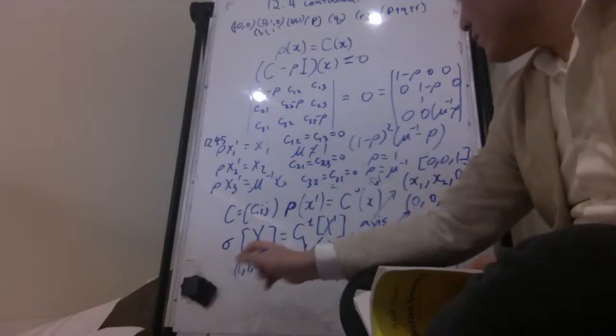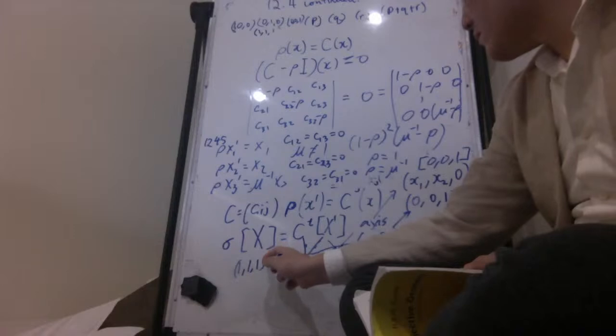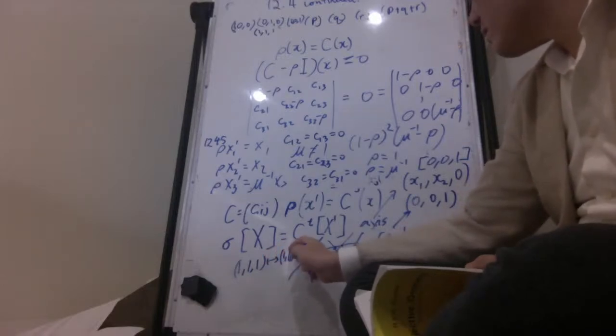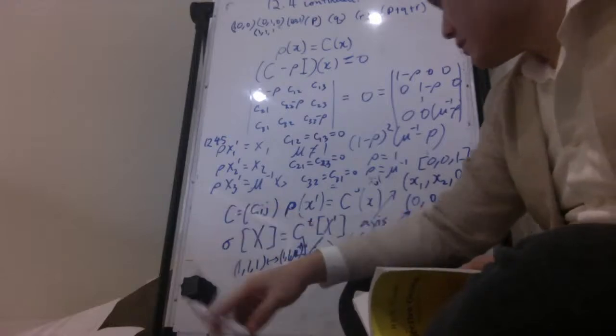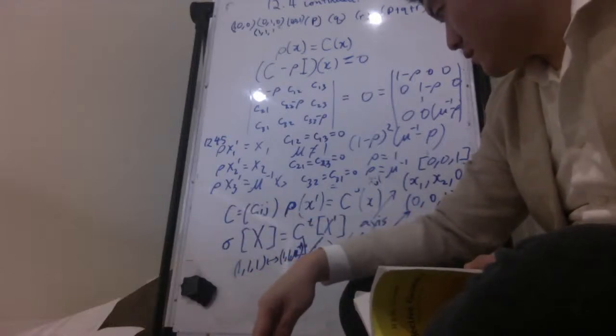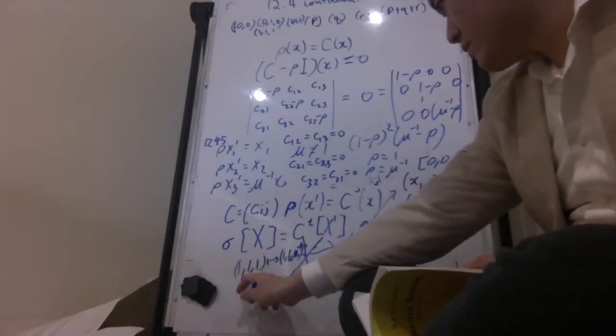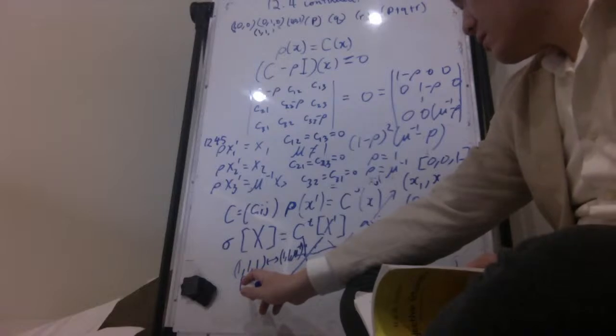It goes to 1, 1, mu inverse. And the line that goes through both of those could be, for example, 1, minus 1, 0.